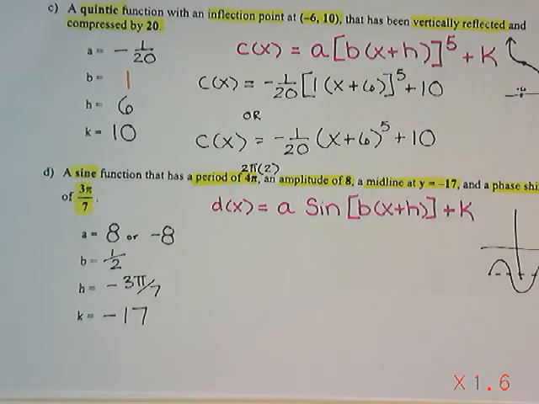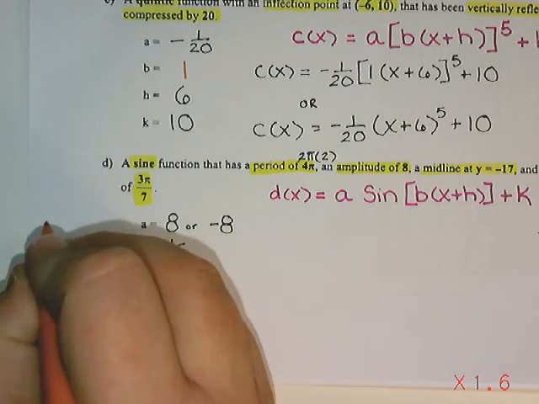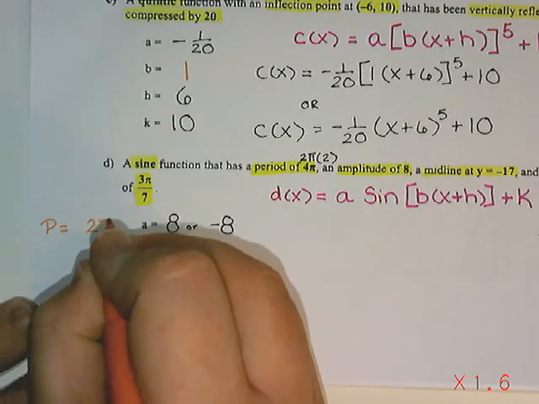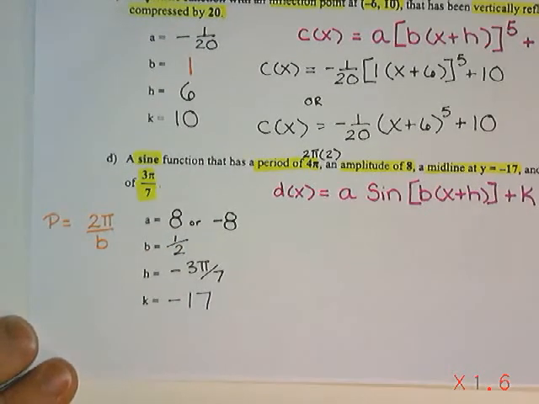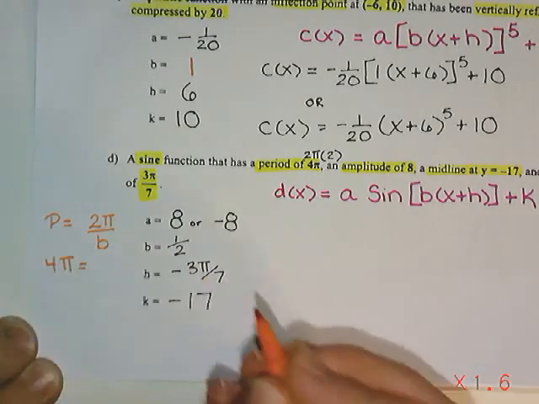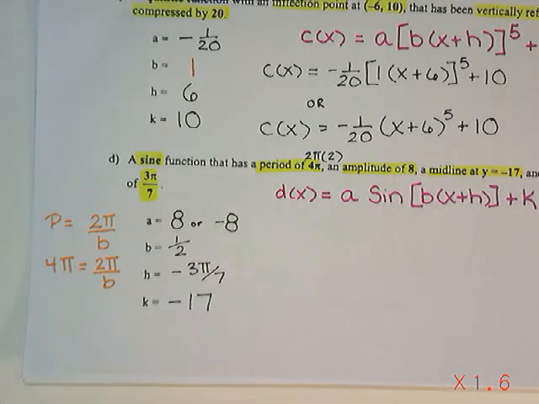Now, there is another way to do it. There's a calculation that you can do. There's a formula that says that the period for a sine or cosine is 2 pi divided by the b value. So if I know my period is 4 pi, that's 2 pi divided by b. And then I can try to solve that equation.